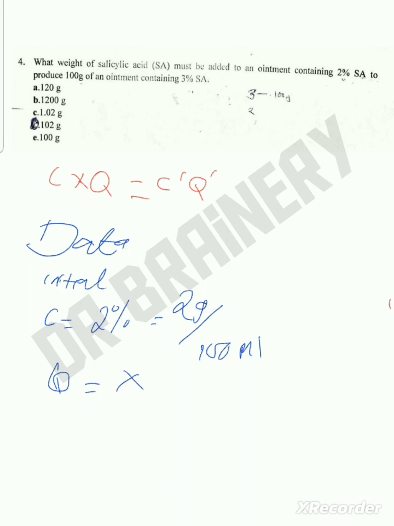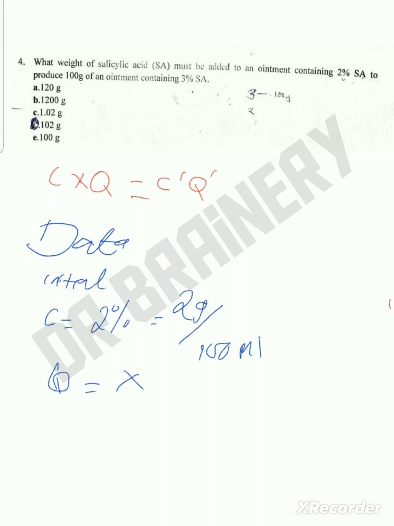Then for us to find the amount of SA that was added to an ointment containing 2% SA to produce 100, we want to know the amount that was added to the ointment containing 2% SA.